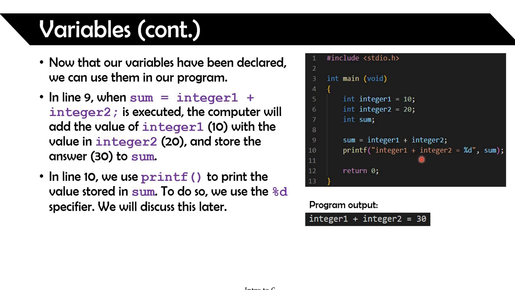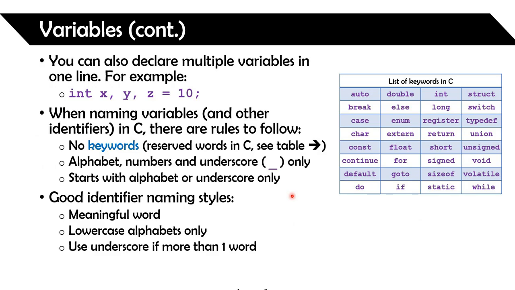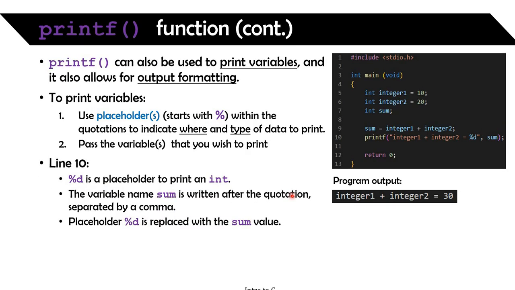Now, in order for us to do so, we will use what we call a placeholder. So the placeholder has this kind of format. What is it? This placeholder has this format of percent.